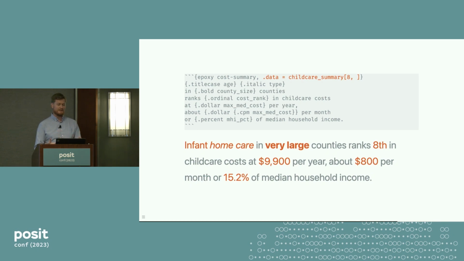And now the chunk itself looks more like a template that we can reuse. Most people, however, don't really like having to use chunk options as a way to interface with this. And certainly you're not going to just be like, oh, I want the 8th row, right? That's not how we think about this.